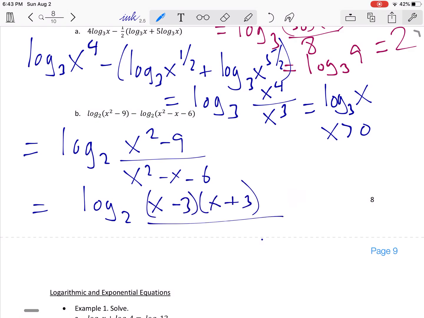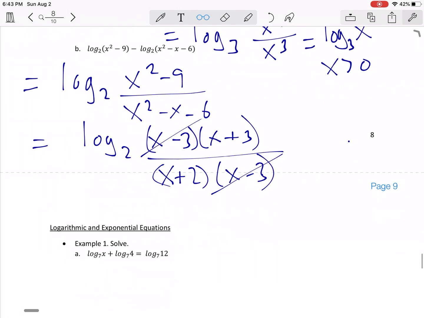And then if you look at the bottom, we can factor that out as x plus 2 and x minus 3. So what happens here is the x minus 3's cancel out. And so you're left with x plus 3 over x plus 2.